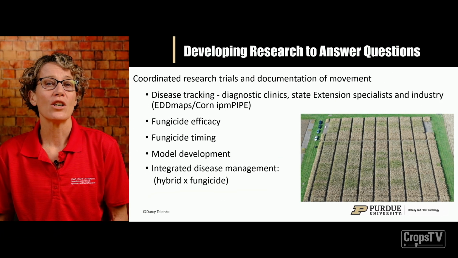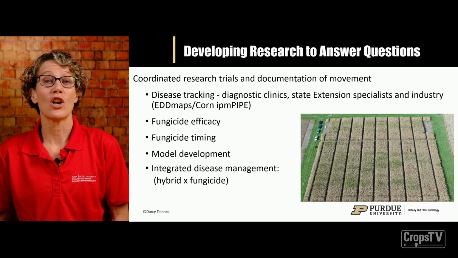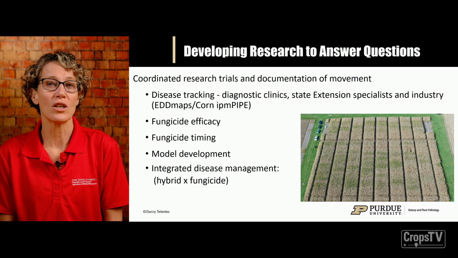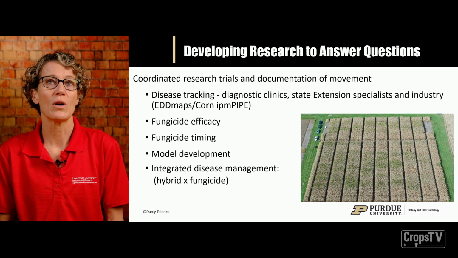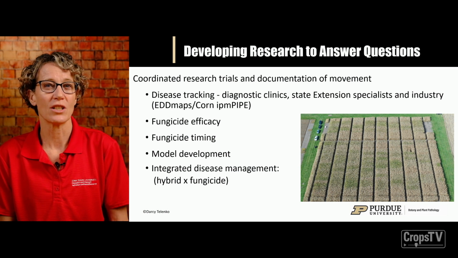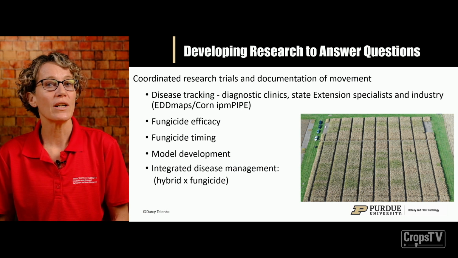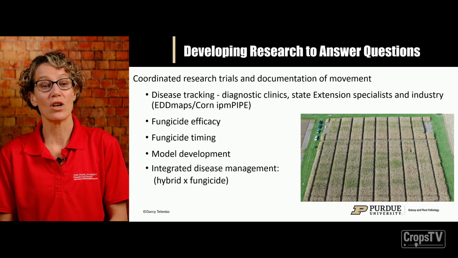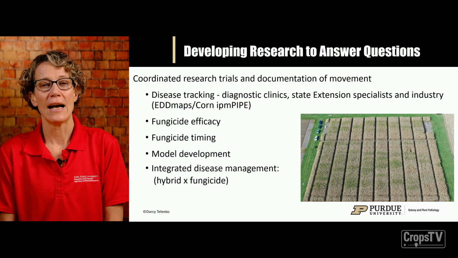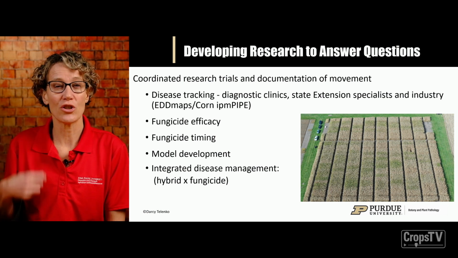So there's a lot of research going on to answer the questions about tar spot and how do we manage it. We have coordinated research trials across the Corn Belt, and Iowa takes part in those trials.